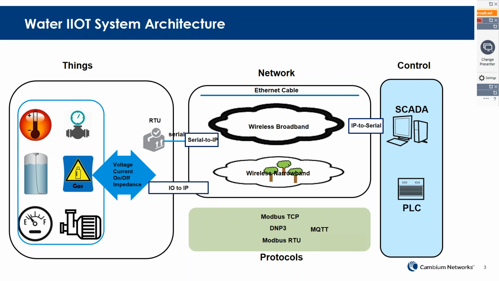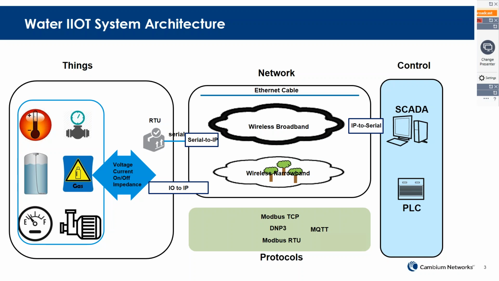So how do these things communicate to the control system? The sensors will measure the required measurement data, and then it has to convert it to something that can be interpreted.